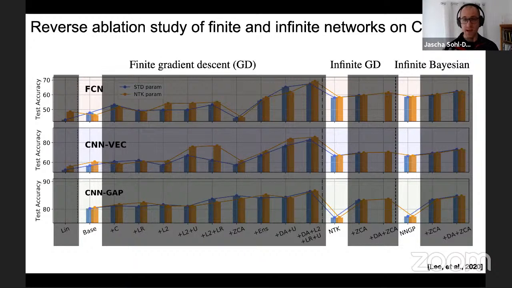So for instance, training with a large learning rate, or data augmentation, or L2 regularization, or early stopping, all dramatically improve the performance of finite width networks, as you can see in the rightmost column in the finite network pane. I think it will be super interesting to see how far we can push the infinite width network equivalent kernel methods as we develop analogous interventions and techniques that improve their performance.